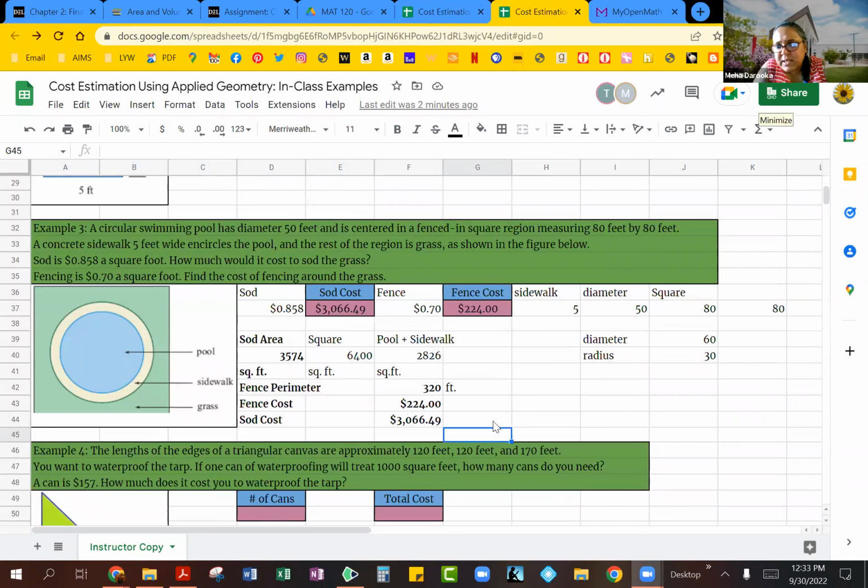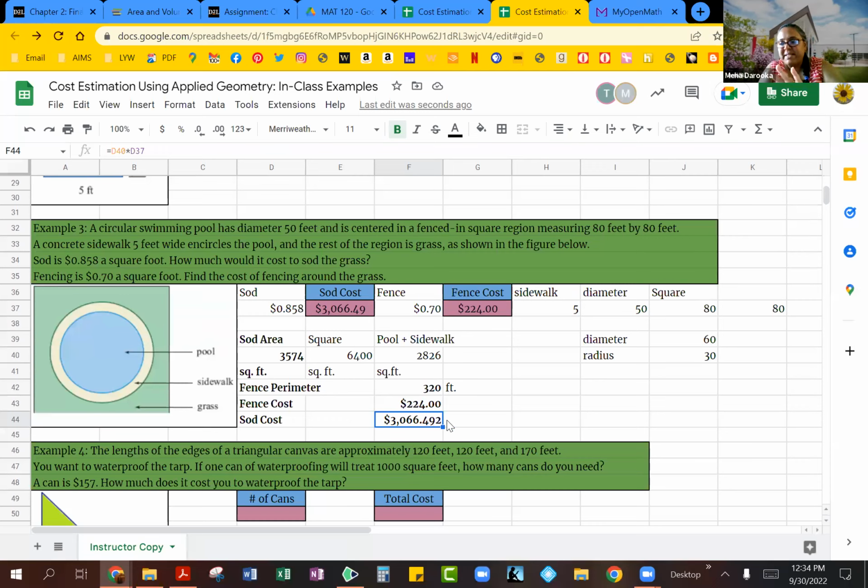Sabrina was looking at your answer, yeah, so the total area for the sod does come out to be 3,574. And you're actually going to multiply it by 0.858. So don't round up that answer, just keep it as what they're telling us in the problem. So your sod cost is 0.858, and that's what you multiplied by. So the moving of the decimal I was talking about here: when you multiply your raw answer by 3574, it gives you a number with 3 decimals.